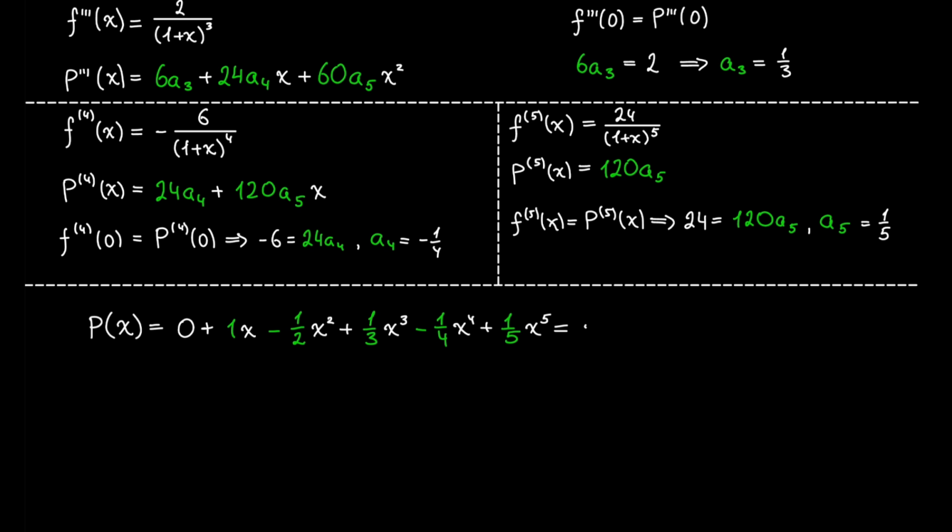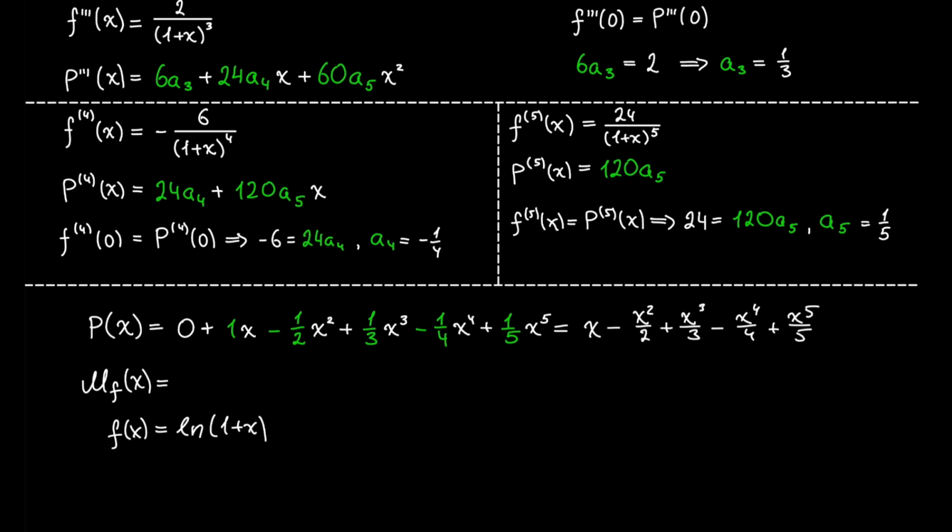We can simplify this a bit more and write it in a more compact way as x minus x squared over 2 plus x cubed over 3 minus x to the fourth over 4 plus x to the power of 5 over 5. Another possible notation we could write is M_f of x, which is the Maclaurin series for the f function, which originally we know the f function was ln of 1 plus x.